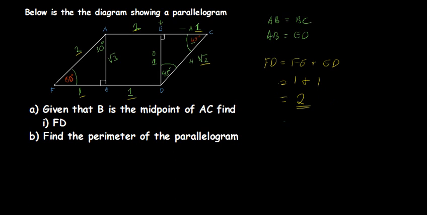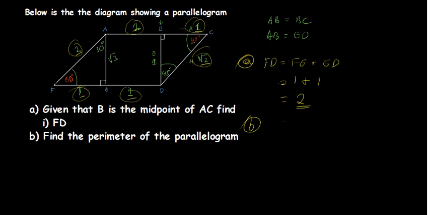Okay, then question B, this was A, this is B, is where we are going to need to use the word unit. It's saying find the perimeter of the parallelogram. So we have to add all the values around it.